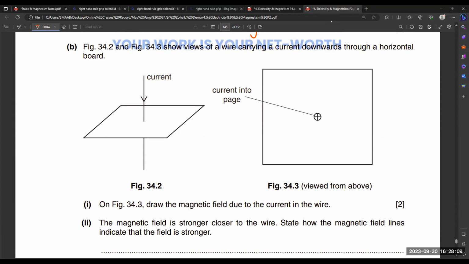If you are able to annotate, you may annotate. But you have to mark on 34.3, right? Okay, this one. That's why they give you a plain structure, so that will be easy for you.